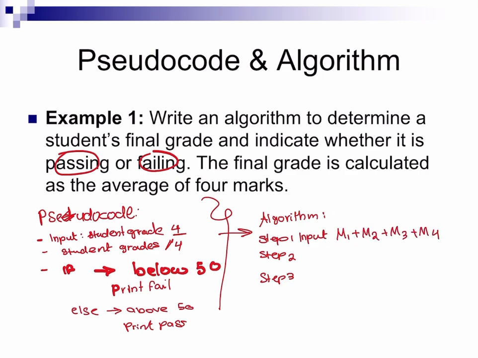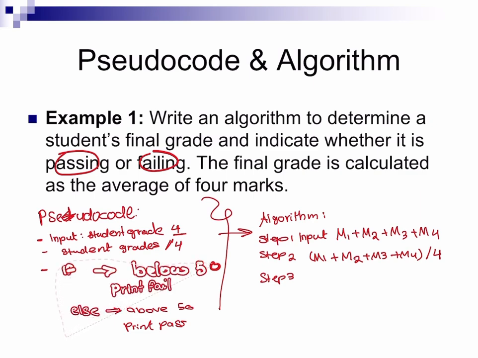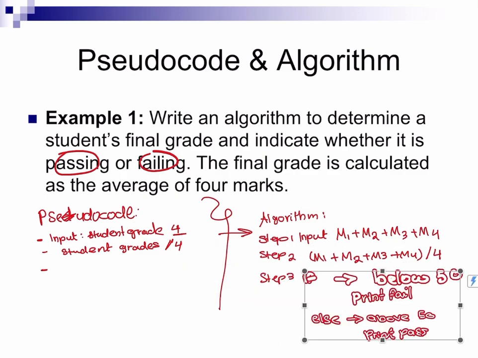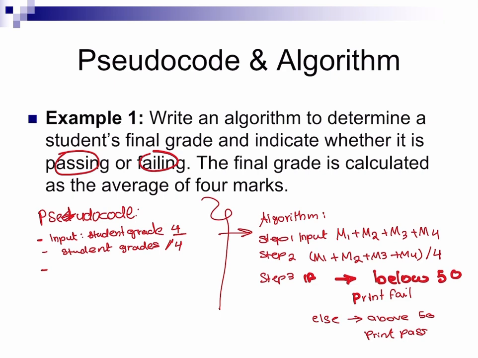Next, we're going to have step 2, which is our calculation. So we're going to calculate the average: M1 plus M2 plus M3 plus M4 divided by 4. And finally, we're going to have our if else statement, which is actually just what we wrote in here. So if the mark is below 40, we're going to print fail. If it's above, we're going to print pass.